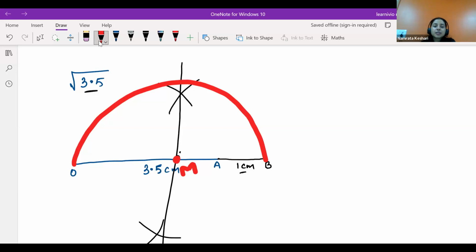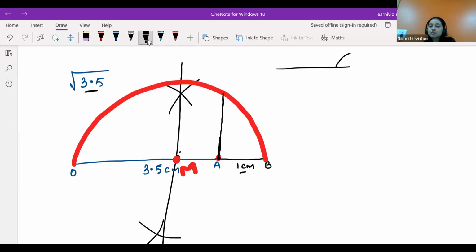Now we will be dropping a perpendicular at the point A. Either you can use the protractor to drop a perpendicular at A, or if in your school there is a strict instruction to use compass only, then please use the compass and make a perpendicular at the point A. How will we make a perpendicular at A?